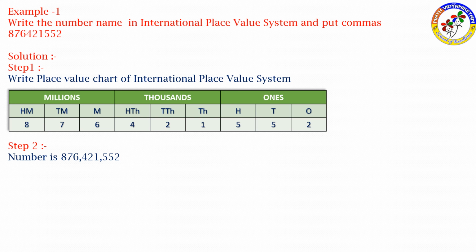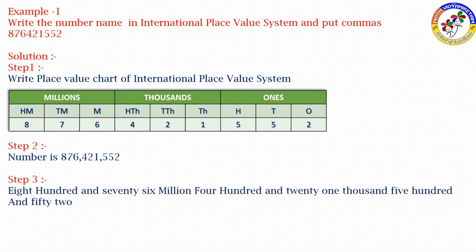The number is 876,421,552. Okay, so it can be written as 876,421,552. Is it clear?